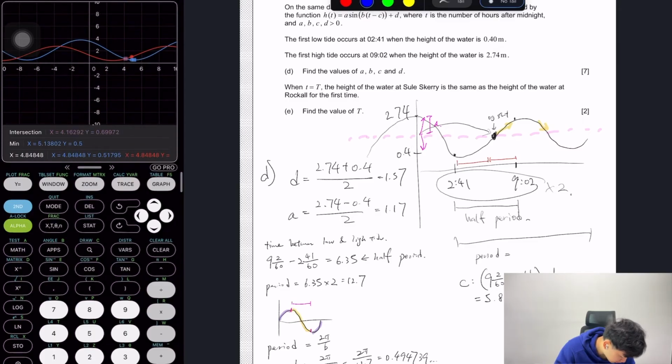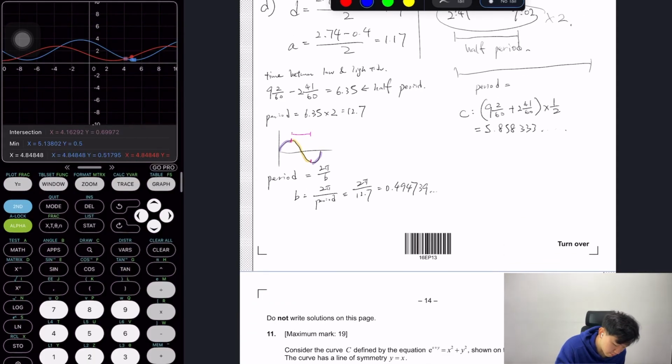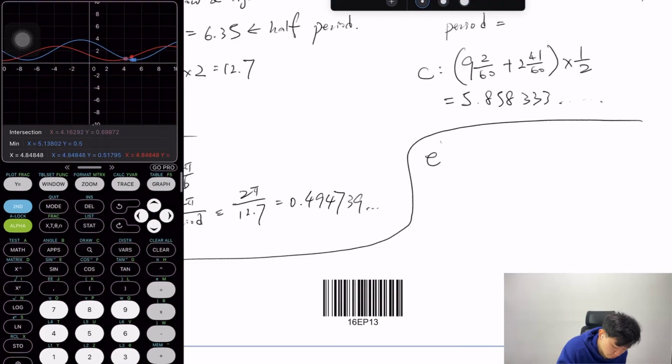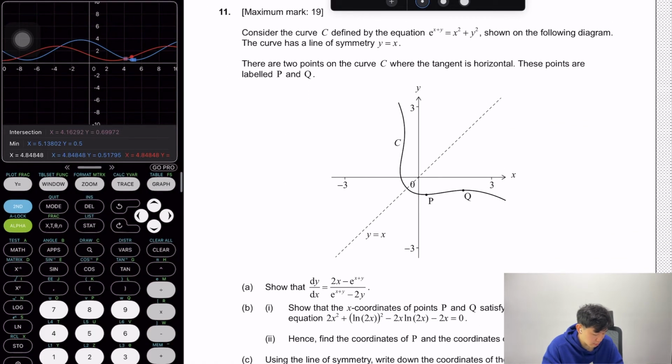The intersection is 4.16 for the first time, right? Yes. So that means for part E, time is equal to 4.16. Okay, moving on.